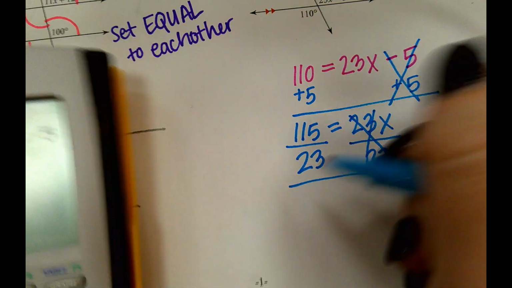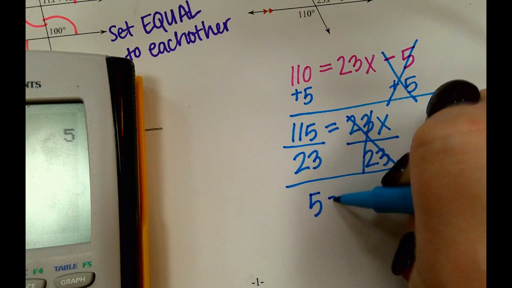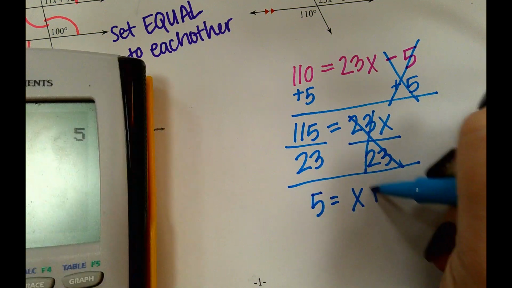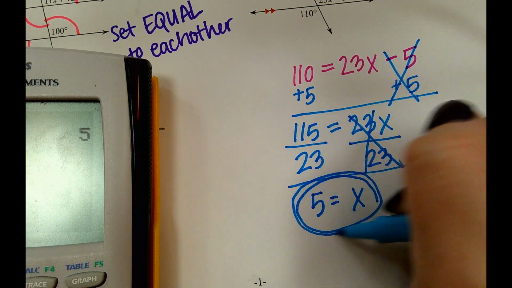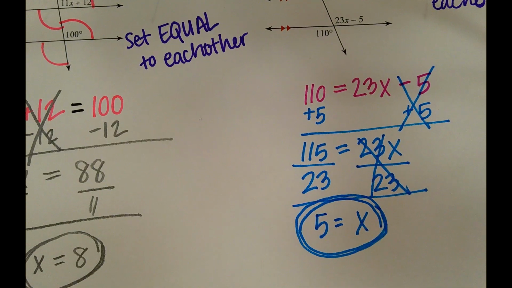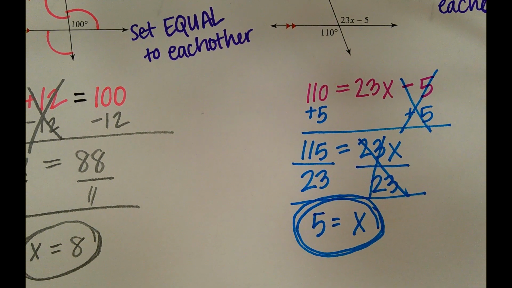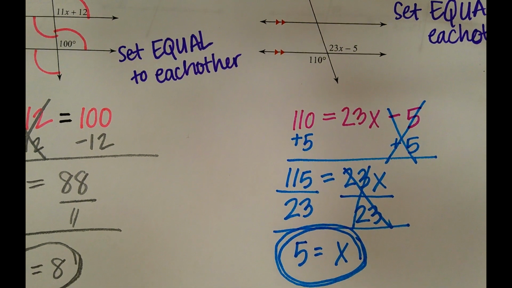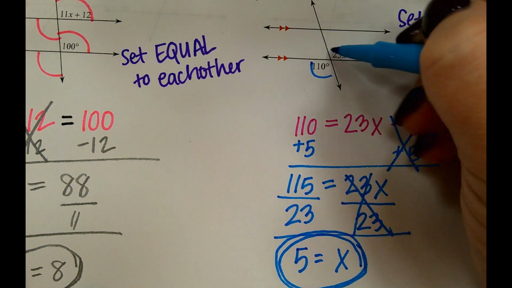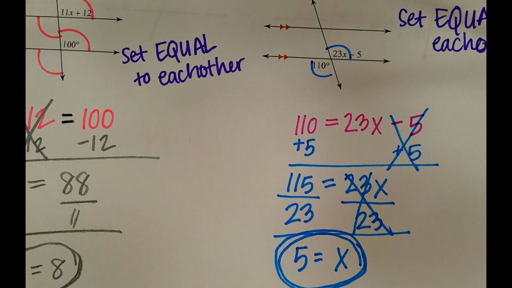So I'm going to write that now. 5 equals x. And that is our answer. Okay, any questions about this one? I'm just going to mark that here.